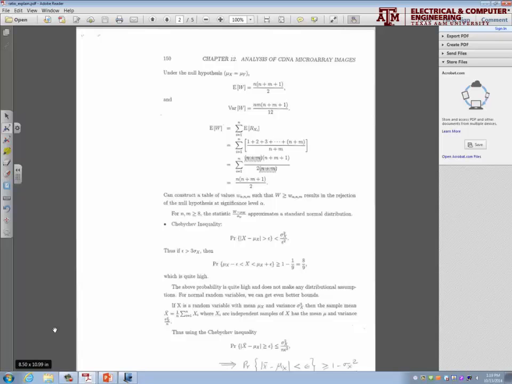How do you get to know the mu x? No, you don't need to know mu x. The way you do the testing is you make an assumption, like mu x equal to some value. You assume that the population mean is something.